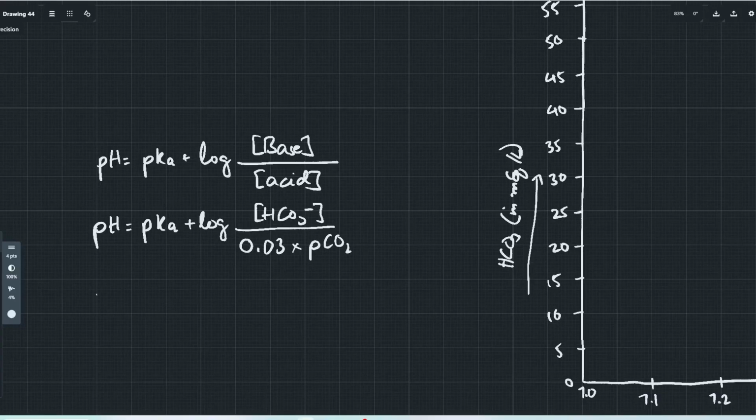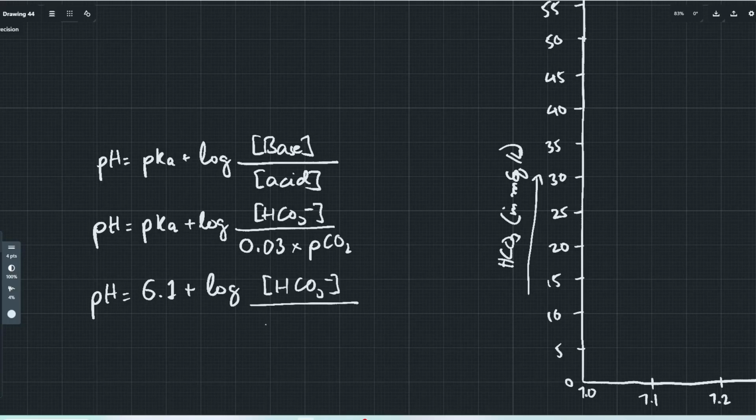So pH is equal to pKa, which for this buffer we know is 6.1, plus log HCO3 over 0.03 times PCO2.